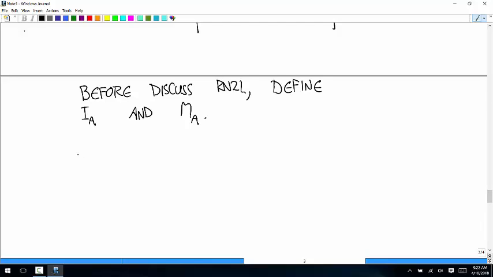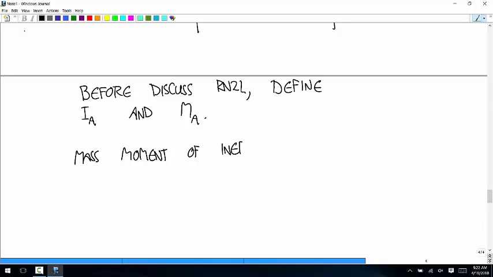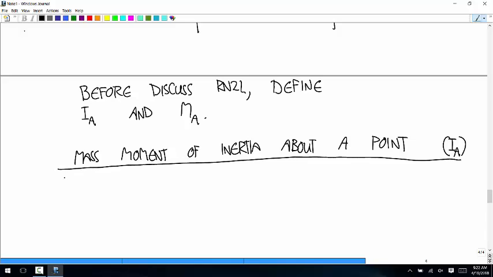All right, so the mass moment of inertia about a point. That's a lot to say. And that's always represented as a capital I sub A. People usually just say moment of inertia, so this is implied.